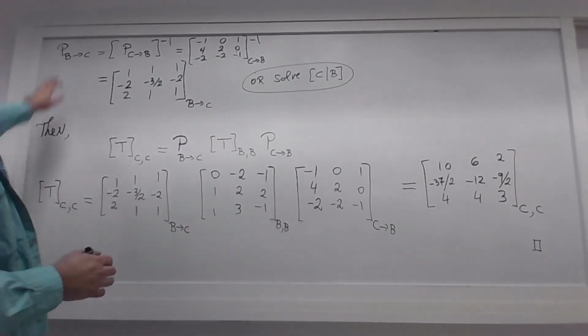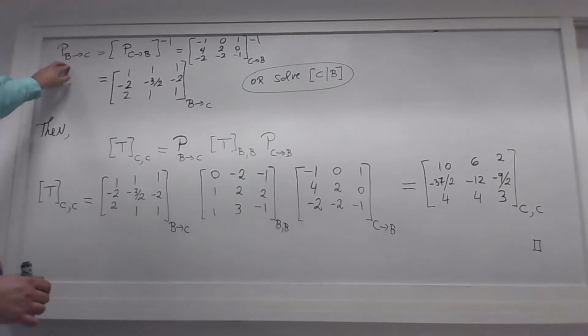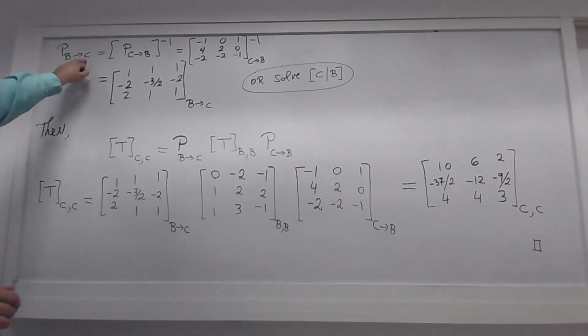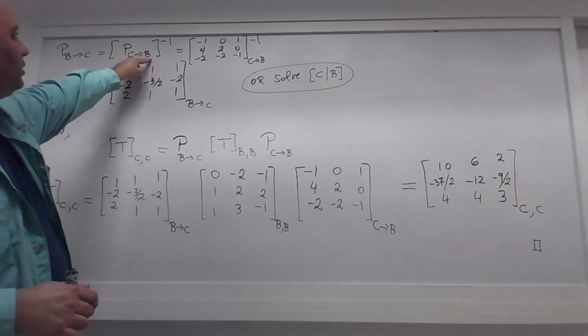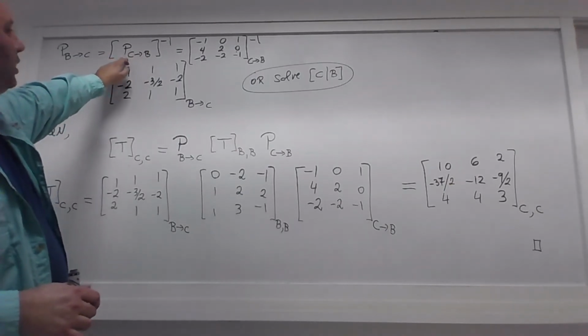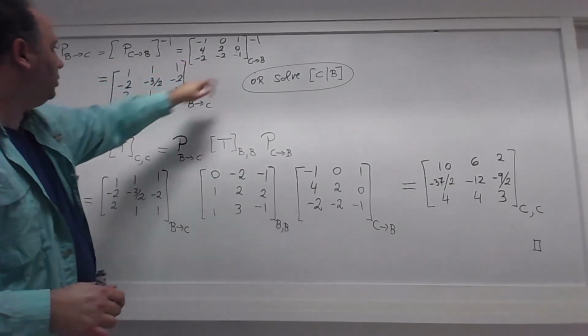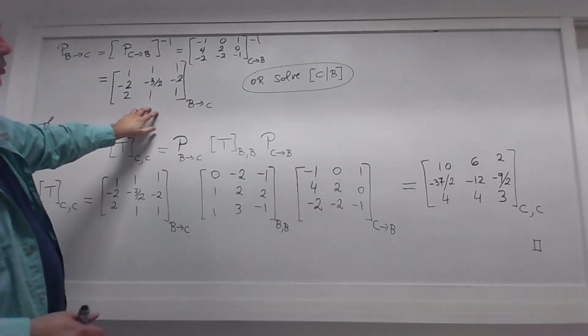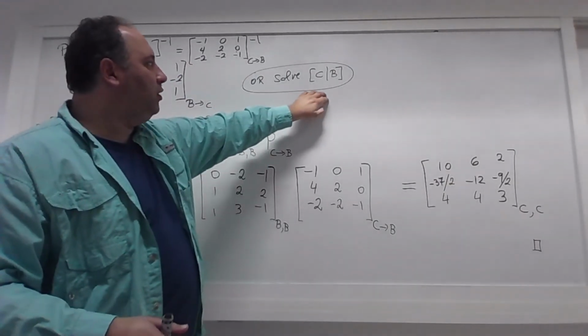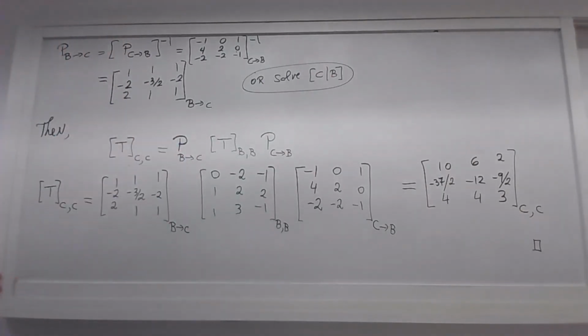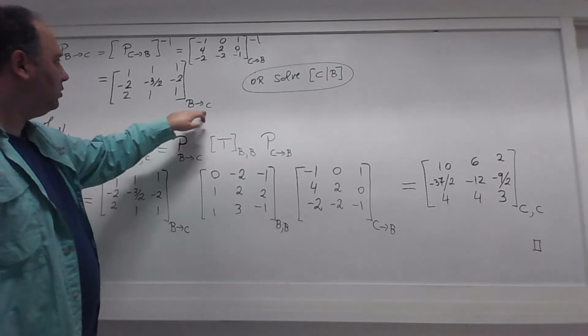So we need our inverse, the change of basis transition matrix from basis B to basis C. Either we compute the inverse of what we already got, the transition matrix from basis C to basis B, or you can solve C slash B. Compute the inverse, it takes two days. Whichever way you choose, you're going to get the same result. And in both cases, you need to work a little bit. It's not free, so this takes time. And then we get the transition matrix to change basis from B to C.